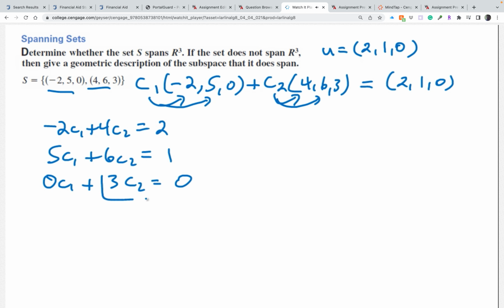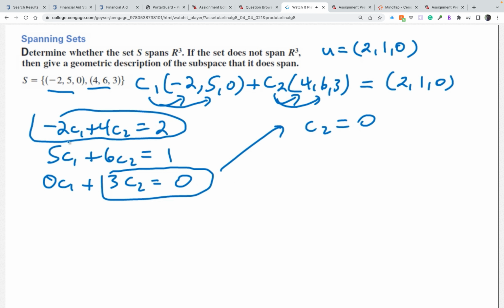From the last equation, if 3 times c sub 2 is equal to 0, that means c sub 2 is equal to 0. If we plug that into the first and second equations, we simply get -2 c sub 1 equal to 2, and 5 c sub 1 equal to 1. From the first equation, c sub 1 is equal to -1, and from the second, c sub 1 is equal to 1/5.